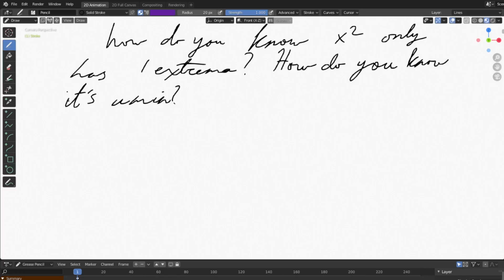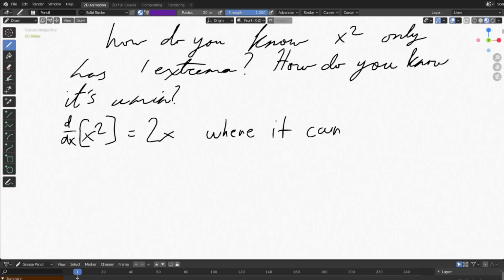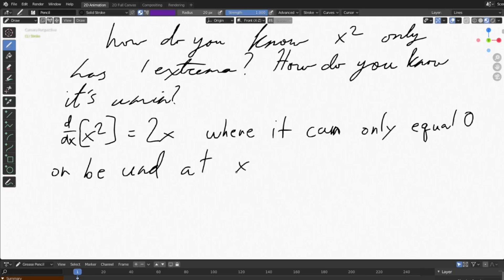I would say d dx of x squared equals 2x, where it can only equal 0 or be undefined at x equals 0.